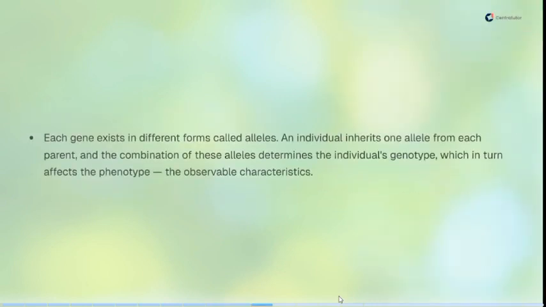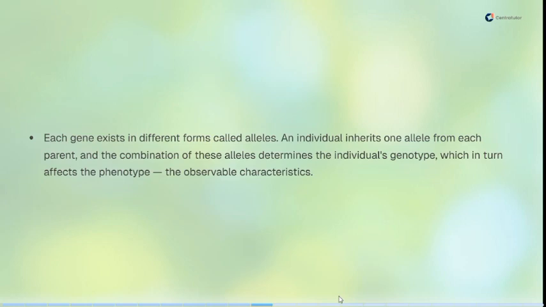Each gene exists in different forms called alleles. An individual inherits one allele from each parent. That's the reason why a child cannot be completely just the father's replica.